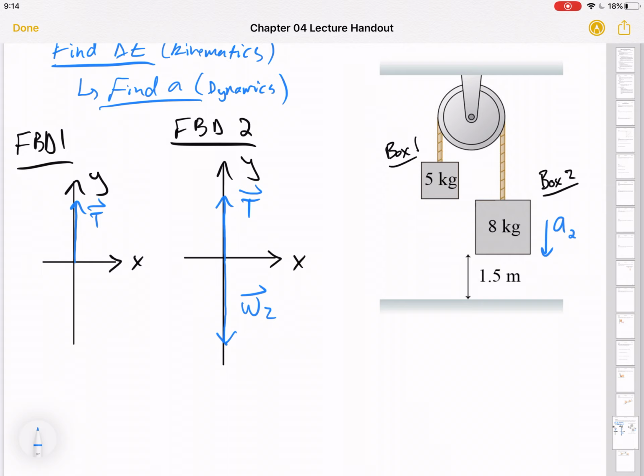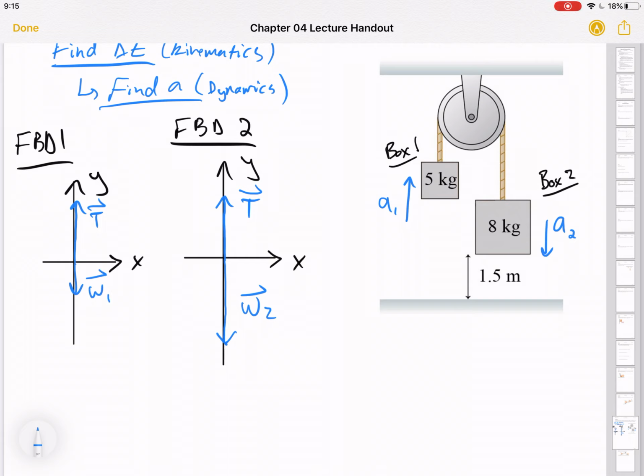If there's no slack in this rope, when the 8 kilogram block goes down some distance, the 5 kilogram block has to go up some distance as well. So that's going to go up. There's a1. So that means this weight 1 is smaller than that tension.